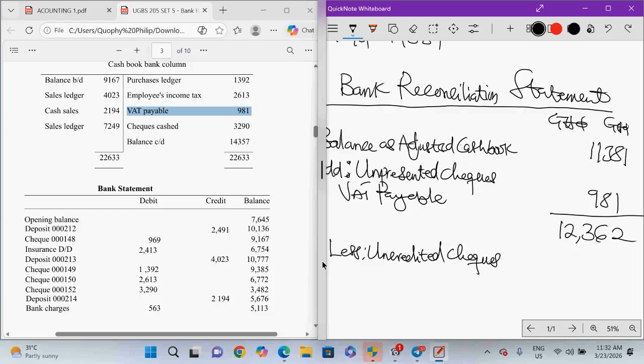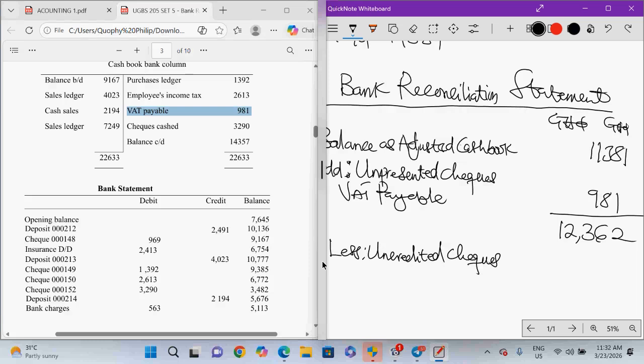So which figure is here, but not in the credit side of the bank statement? That becomes our uncredited checks. So which figure is at the debit side of the cash book, but not at the credit side of the bank statement?